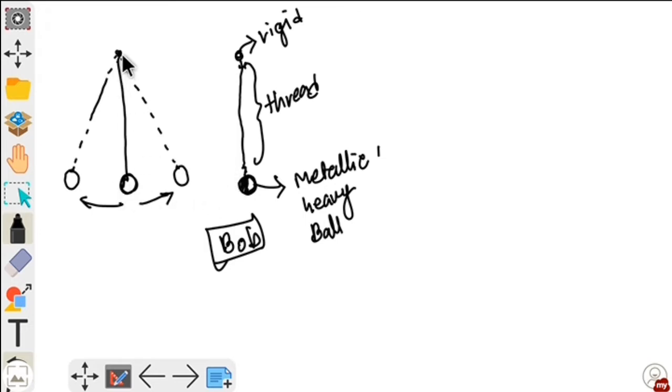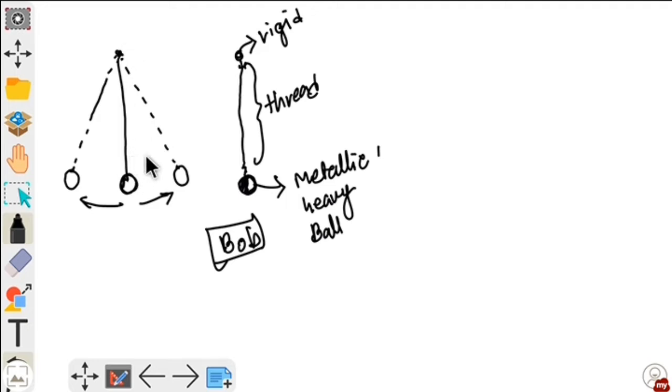Now, if the length is constant, then the motion is also constant. A pendulum completes every swing in exactly the same time, provided its length is kept constant.